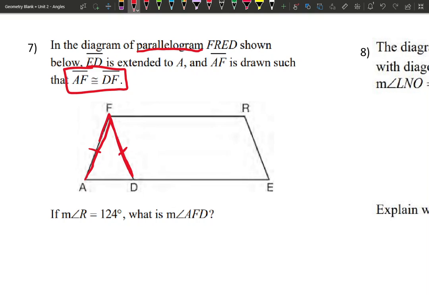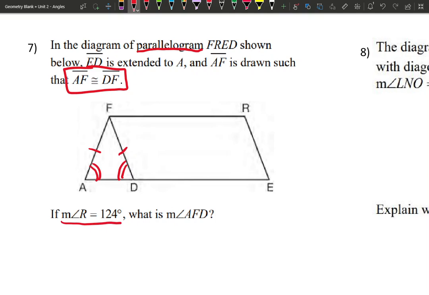These two sides are congruent, which means that this you're thinking of as the top of the triangle. Just remember, there's no such thing as the top of a triangle, but for the case here, we could just think about it as the top, which means this is the base. And if that's the base, we know that the base angles in an isosceles triangle are congruent.